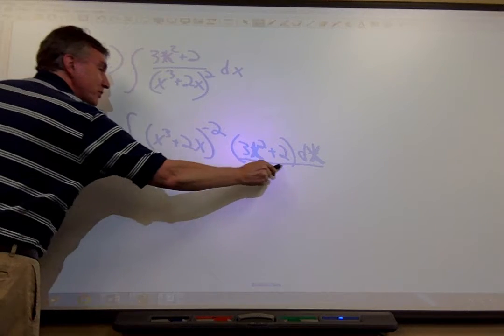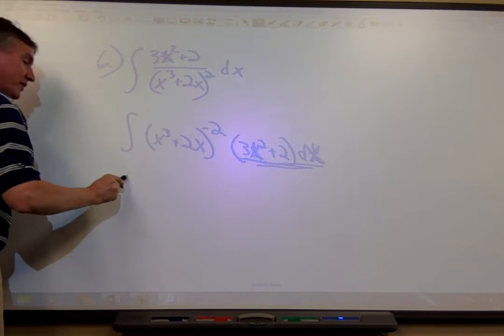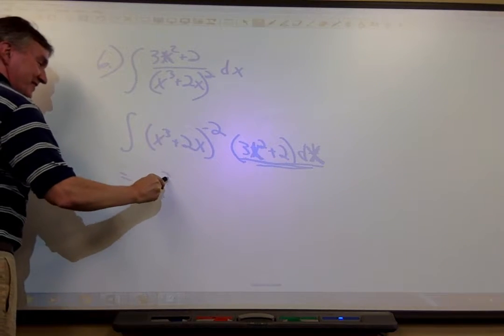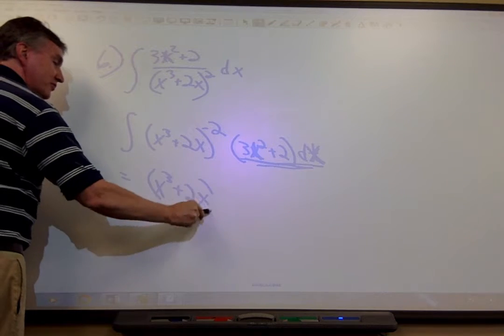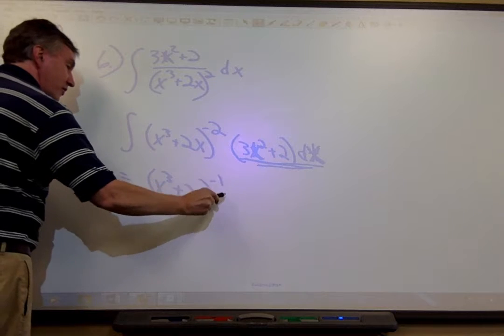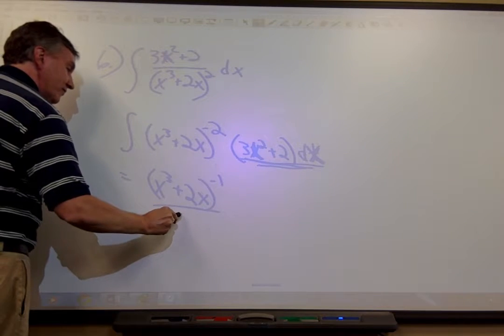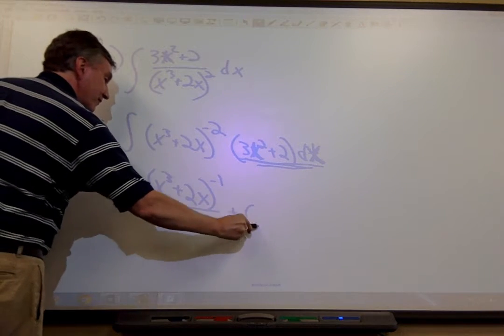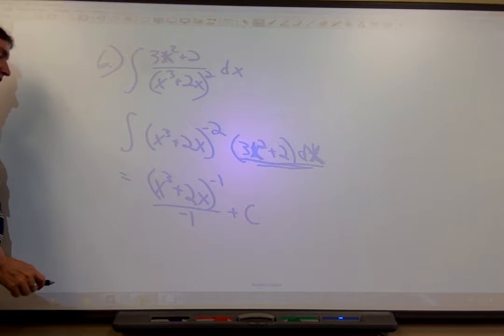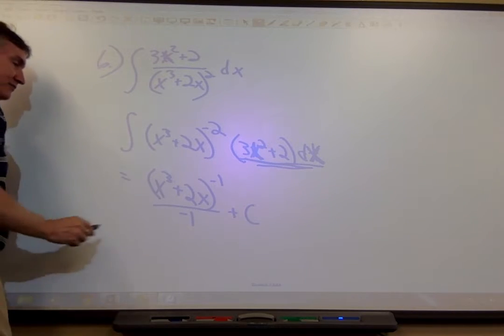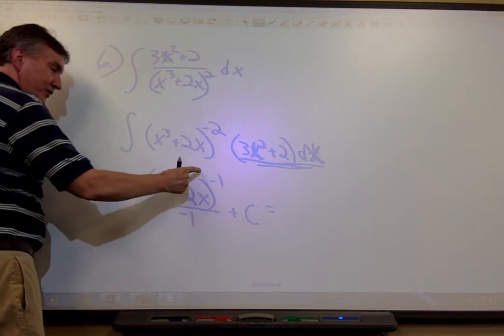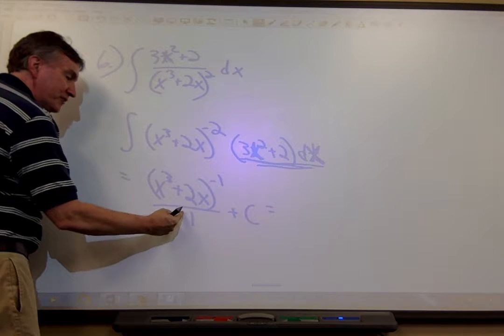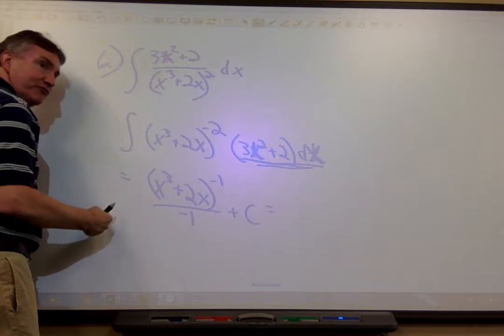Did you say this was complete? So now what is the antiderivative? X cubed plus 2x to the what? Negative 1, over what? Now how would the book write that? They probably wouldn't leave it like that. 1 over x squared plus 2x. This would drop down, but remember this negative would be a coefficient, wouldn't it?